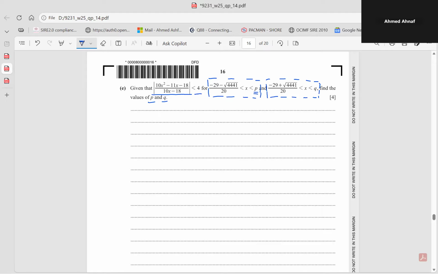So let's do the question as if we're trying to find the range. To do this, you replace the inequality sign with an equal sign, then you would know the critical points. So just do that.